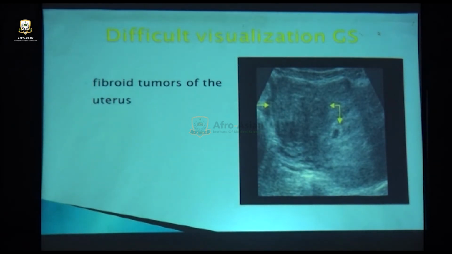Difficult visualization: anteverted, retroverted. इसके अलावा if there is a fibroid or a pathology of the uterus which is large enough that it is compressing physically the endometrial cavity, तो gestation sac जो है वो पिचक जाएगा, तो आपको कई दफा नहीं नजर आता.